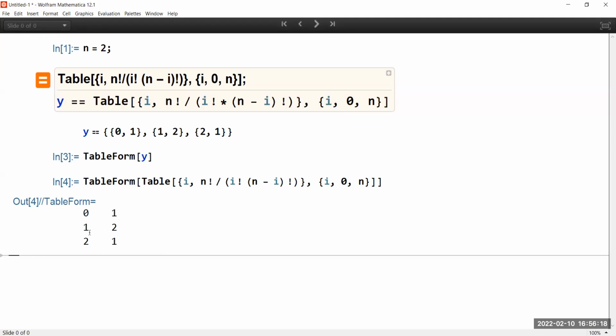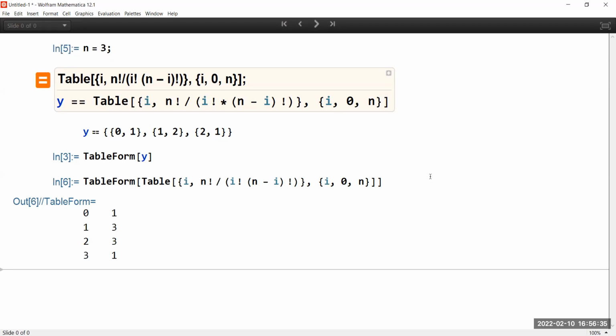Having a single head, you have two ways, either head, tail or tail, head. Having two heads, it's only one value. This is exactly what I wanted to see. If I change n to 3, I should reproduce those results. That's exactly the same result: 3 where I have one head, and 3 where I have two heads.